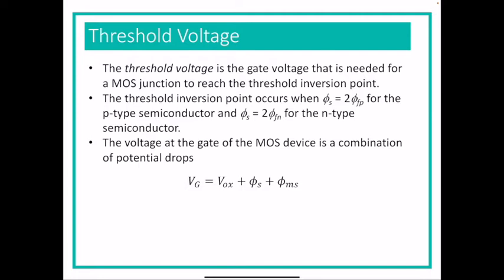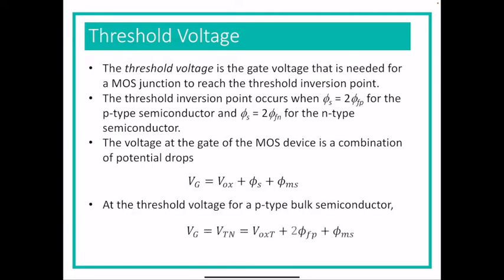And we can actually look at that at the threshold voltage, and when we substitute in the threshold voltage, we have Vox T, and that means whatever that voltage is at the threshold value. And then we have 2 times the work function of the bulk material, which we can calculate, and then the metal semiconductor value, which we can also calculate.